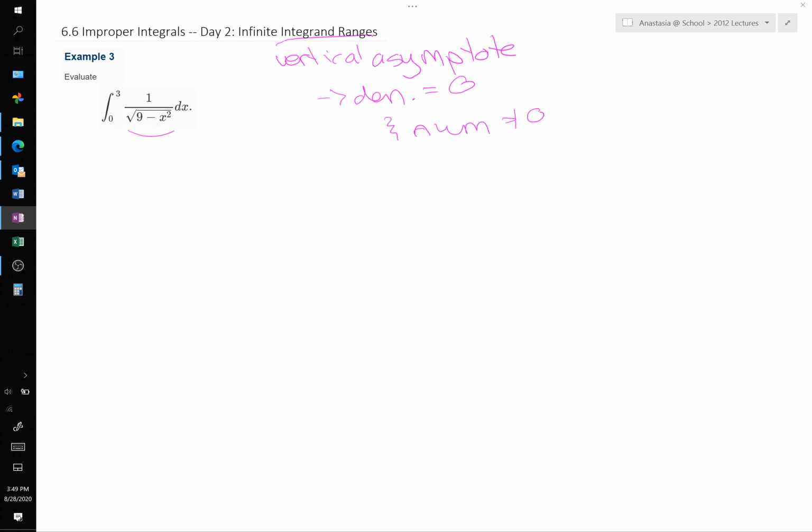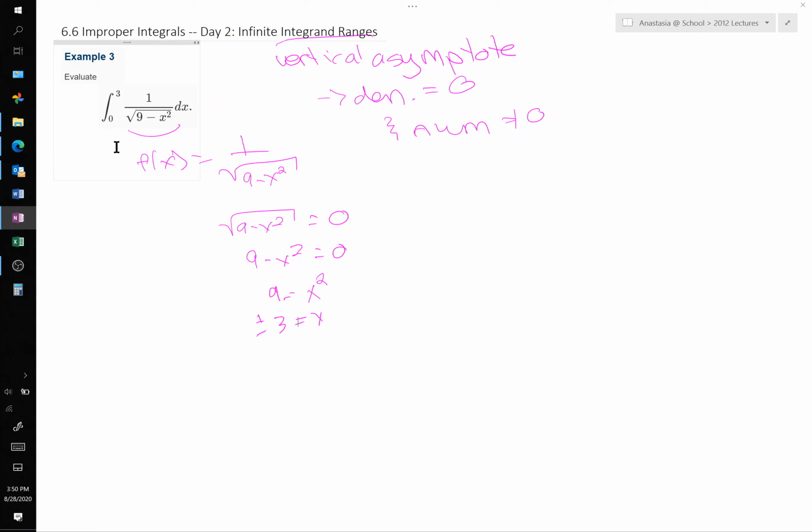In this case, our function is 1 over the square root of 9 minus x squared. The denominator being 0 means that this square root will be 0, so 9 minus x squared is 0. So x squared is 9, and then x is either positive or negative 3.